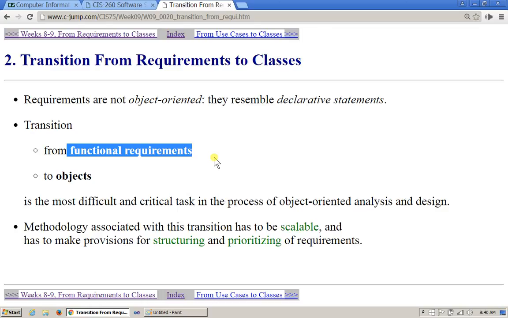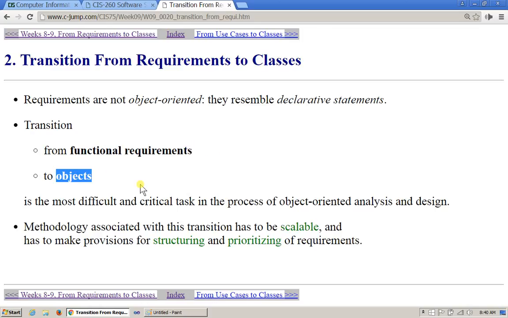And use case descriptions, of course, translate to user experiences using the system. And we would like to transition to objects and to classes that describe these objects as blueprints, so that we can essentially begin writing the code.